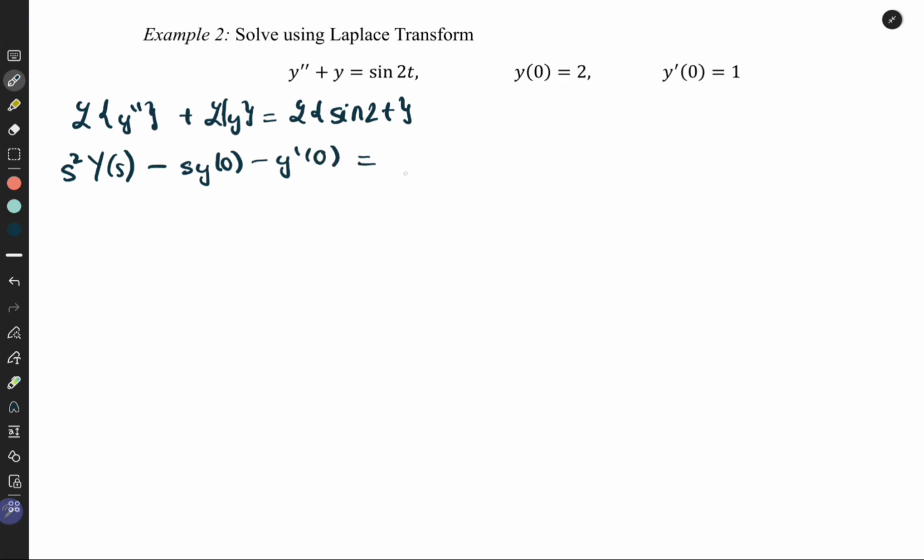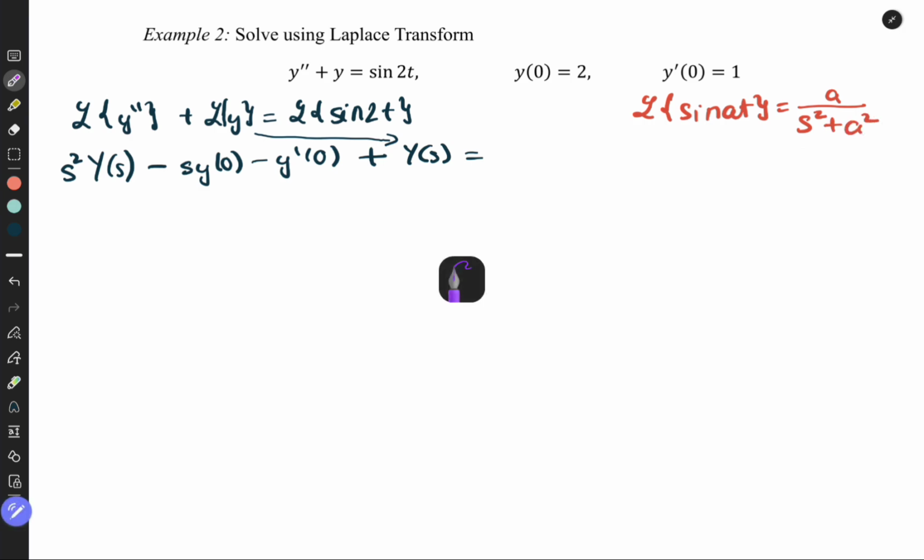Right hand side, actually not yet, my bad, Y(s) for this term. Okay, right hand side, recall Laplace of sine of at is just a over s squared plus a squared. So therefore Laplace of sine 2t is 2 over s squared plus 2 squared, which is 4, and 2 in the numerator.